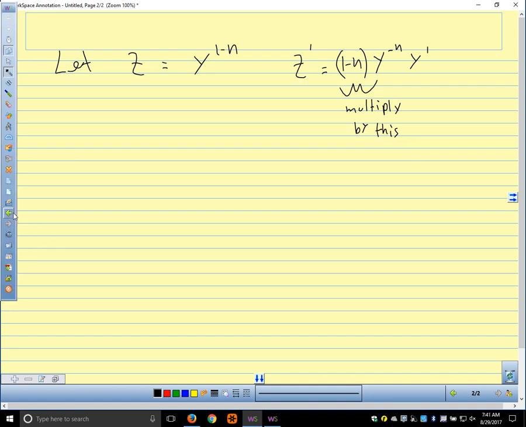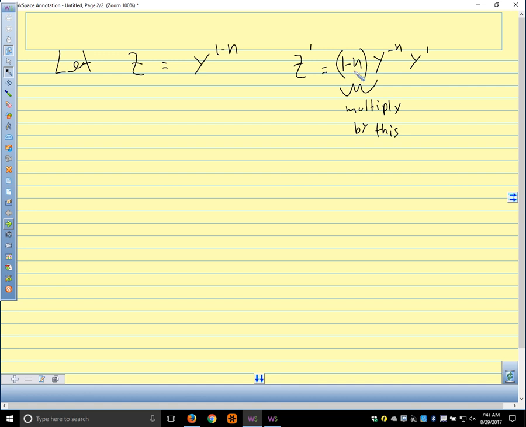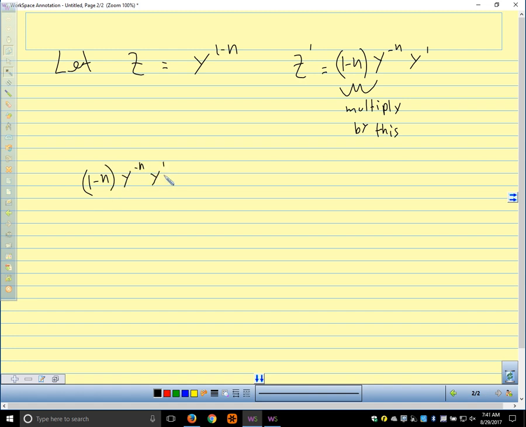So looking back at my equation, I'm going to multiply both sides of the Bernoulli differential equation by this 1 minus n, y to the minus n. So when I do this, I get 1 minus n, y to the minus n, y prime, well that's z prime, plus 1 minus n, p of x, y.